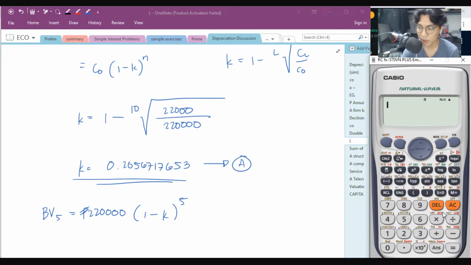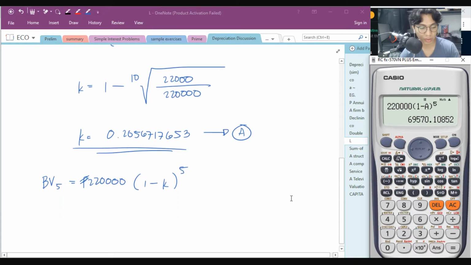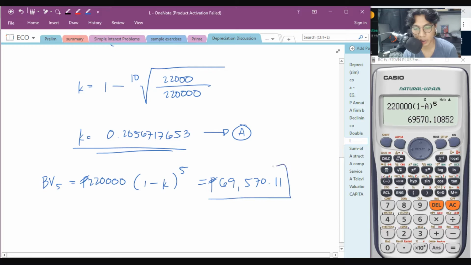So, that is 220,000 pesos. 1 minus, recall natin yung value kay A. Raise natin to the 5th power. That is 69,570.11 pesos. That is using DBM.